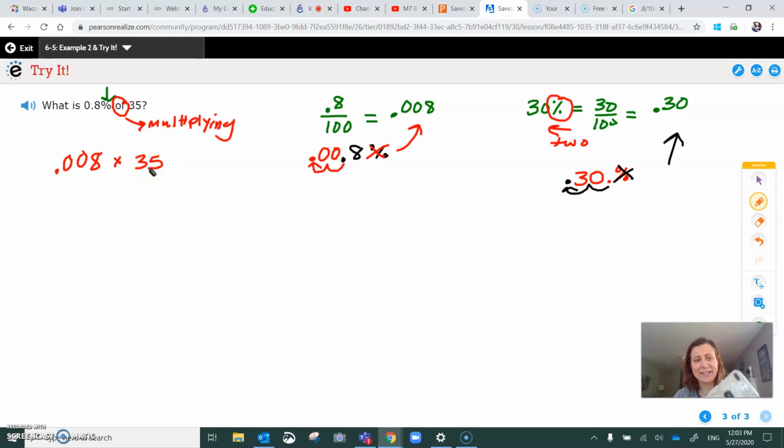I grab my calculator. Come on, turn on. 0.008 times 35 is this number, 0.0224.